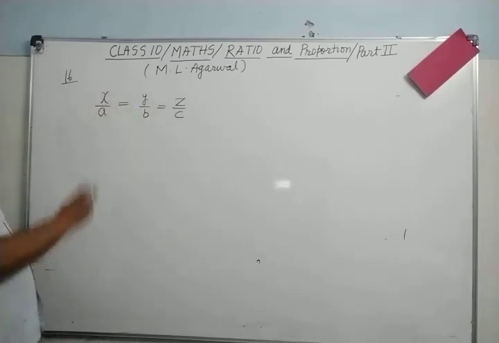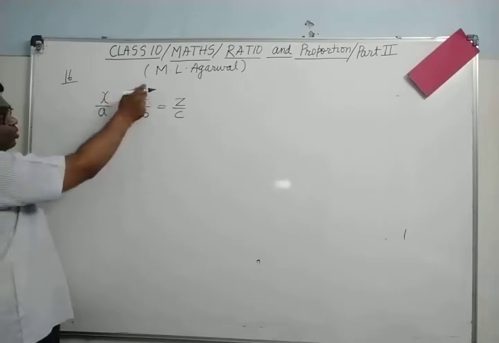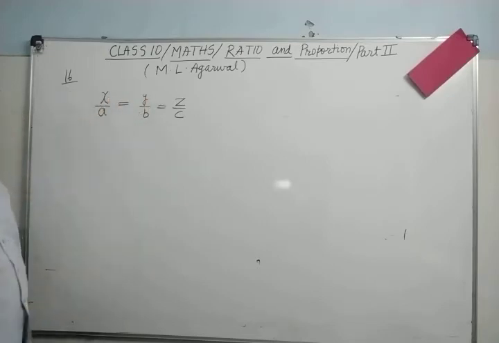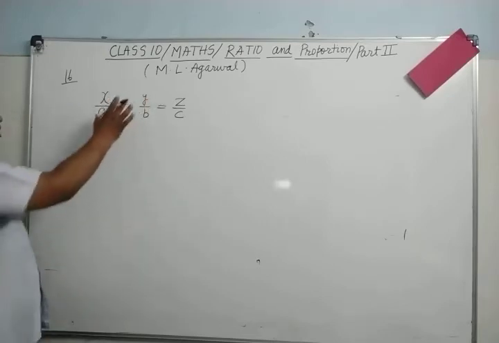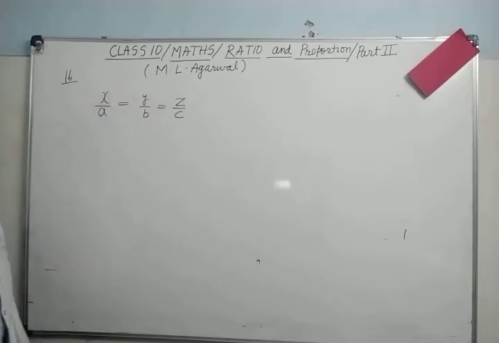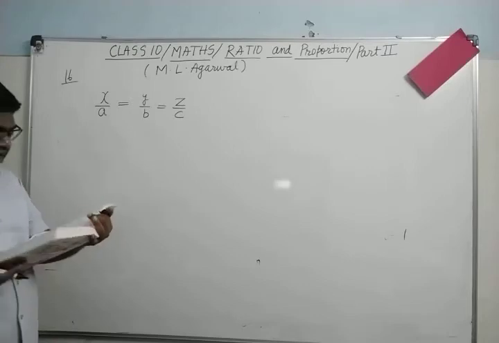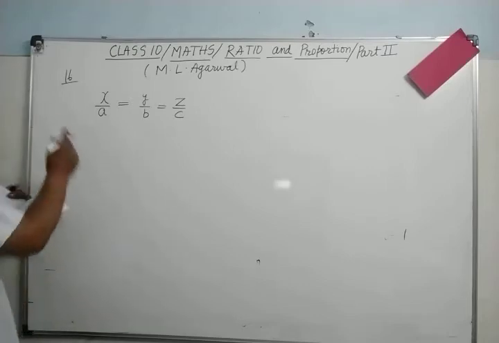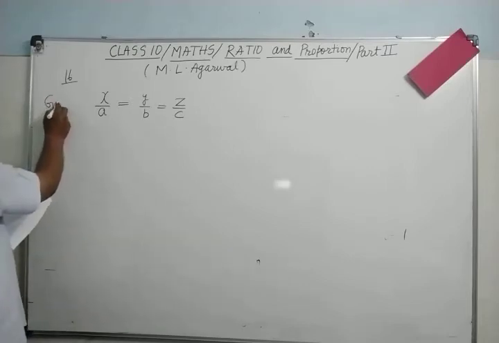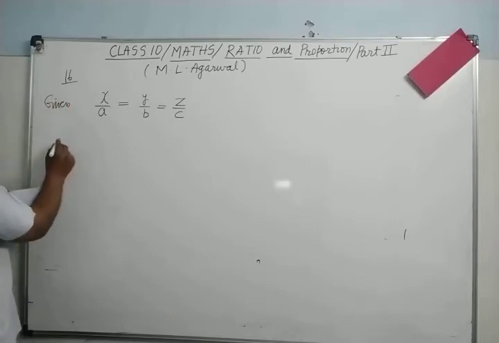Suppose it were x upon a equals a upon b, then it would be continued proportion. But here these two numbers are different, and similarly these two are different. So this is a question of proportion. This is given, and you have to prove the second part.